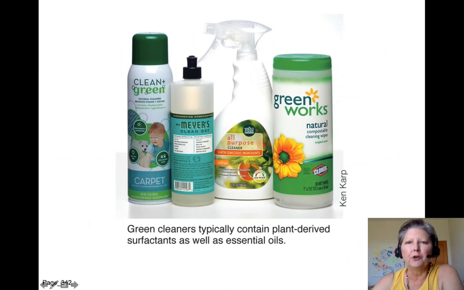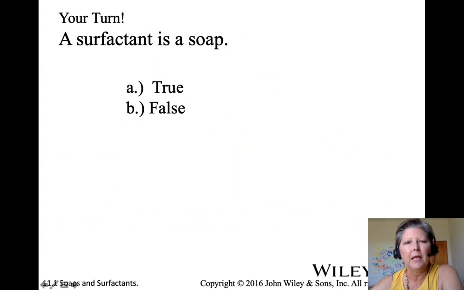Some cleaners are green. They claim to be plant-derived surfactants. I could argue that doesn't necessarily mean they're any less toxic, but it didn't take animals to come up with these soaps, cleaning products, which may appeal to you.